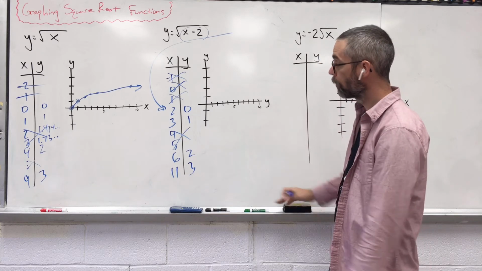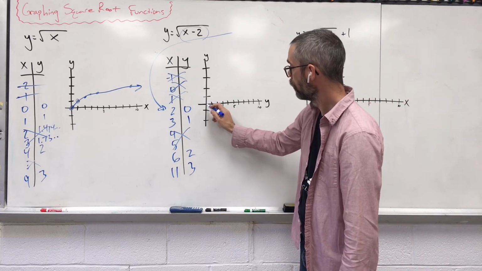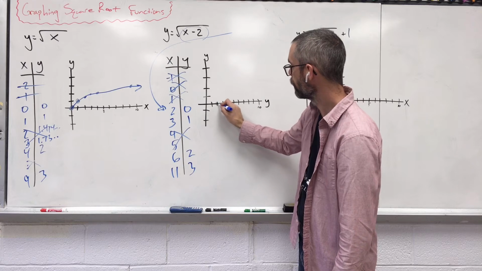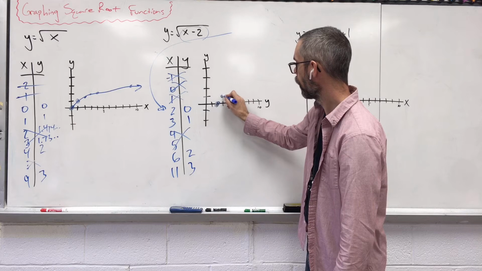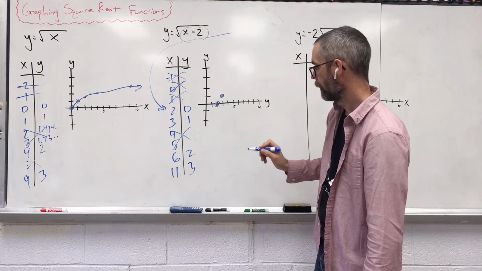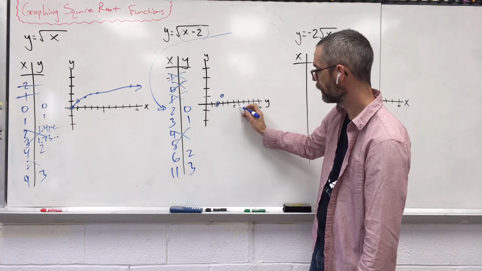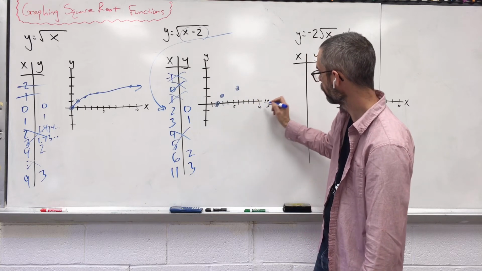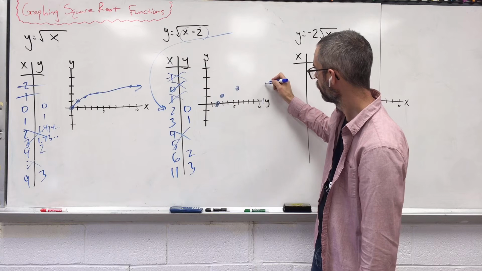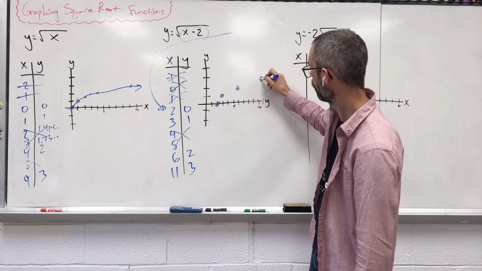And let's plot what we have. So we're going to go over 2, up 0. We're going to go over 3, up 1. Now here's where things get a little weird. We're going to go over 6, up 2. We're going to go over 11. I ran off my graph. Go up 3.